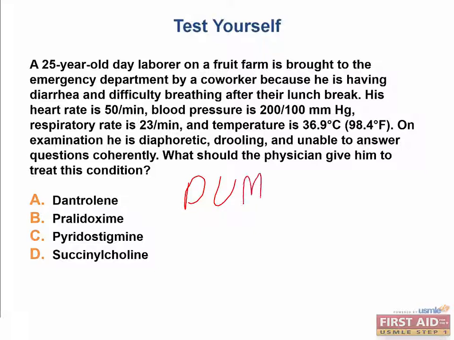And so the mnemonic is DUMBBELLS, and it stands for, D is for diarrhea, as we see here. It's basically all of the sequelae from too much acetylcholine. So the organophosphate, which is in pesticides, inhibits the acetylcholine from being degraded, and it accumulates and leads to all of these effects.